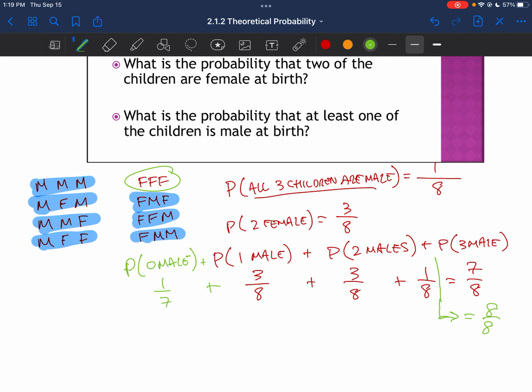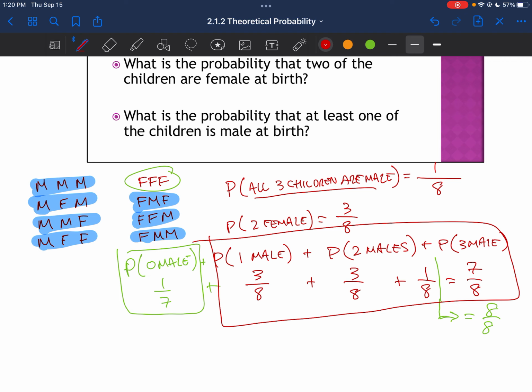And so sometimes it's easier to calculate the complement of what I'm looking for instead of what I'm actually looking for, okay? So notice that if I had found the probability that there are no males, that would have been easy for me to calculate.